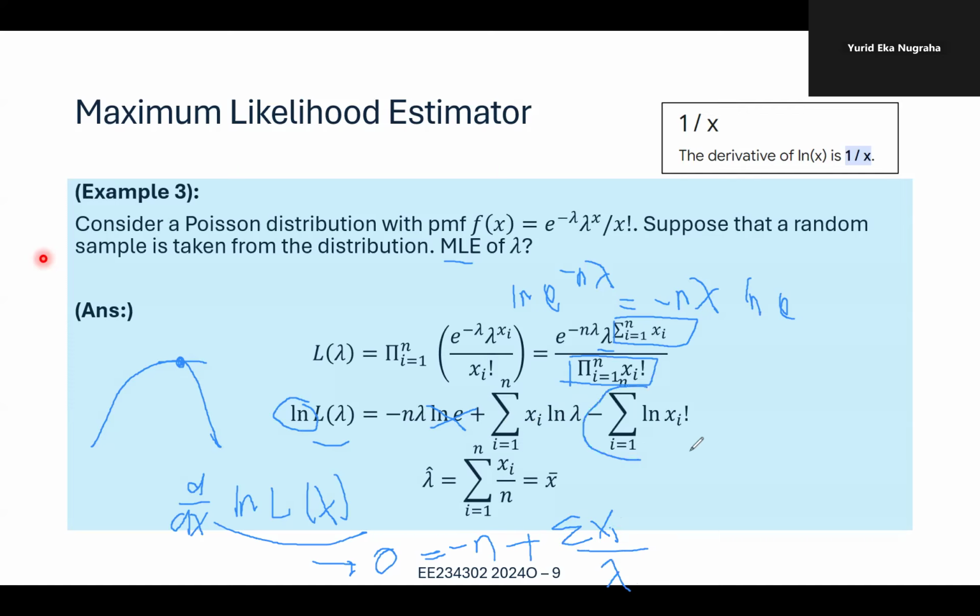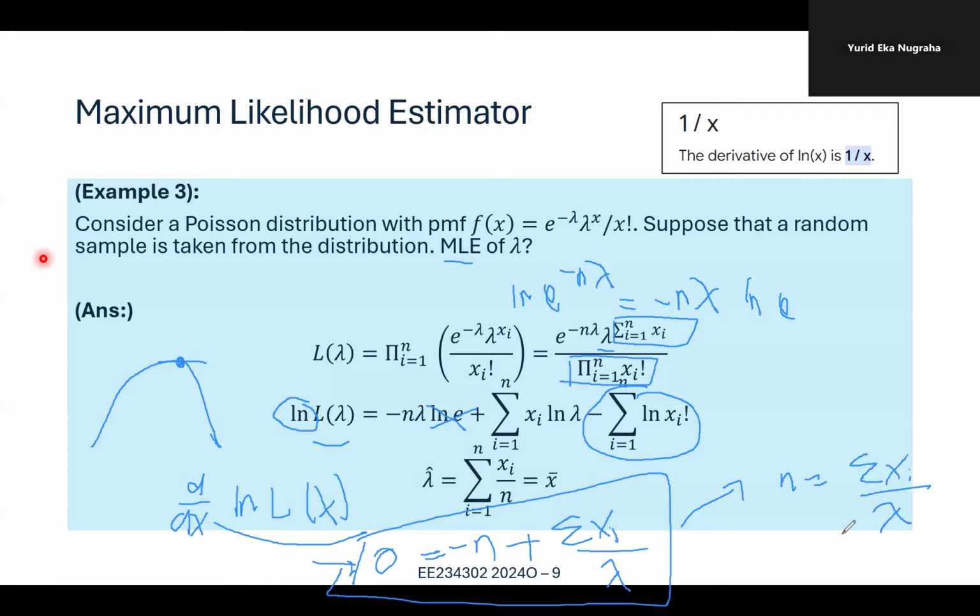And because this does not contain lambda, the derivative of this is 0. So we have n equals sigma xi over lambda, and lambda is sigma xi over n. That's it.